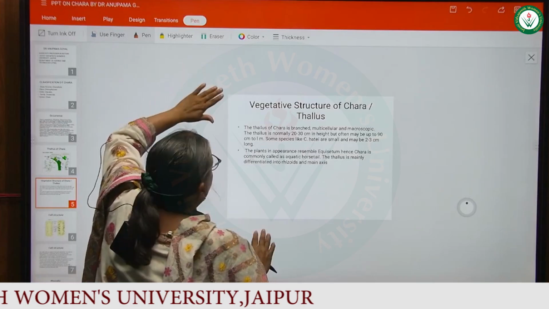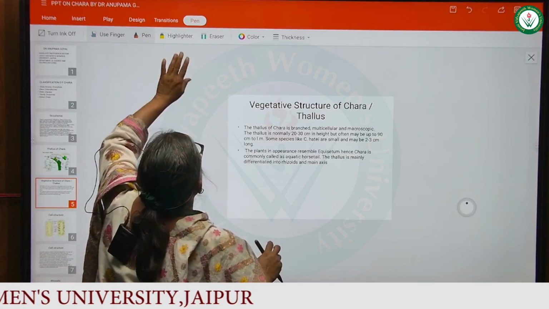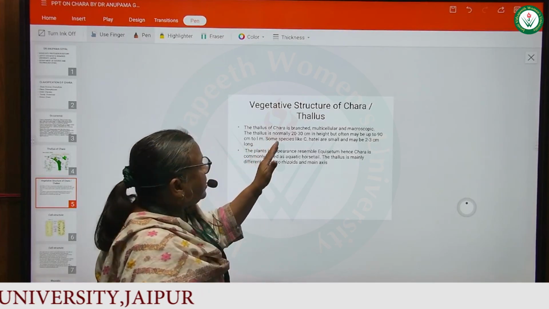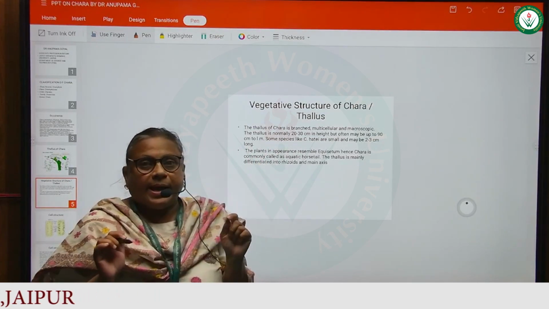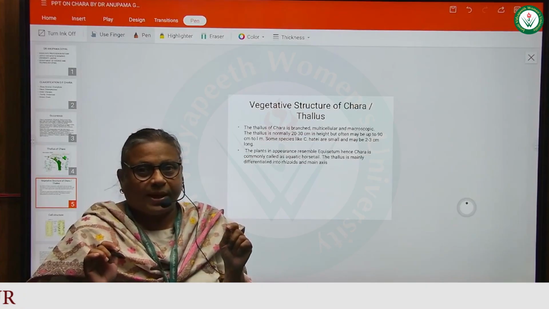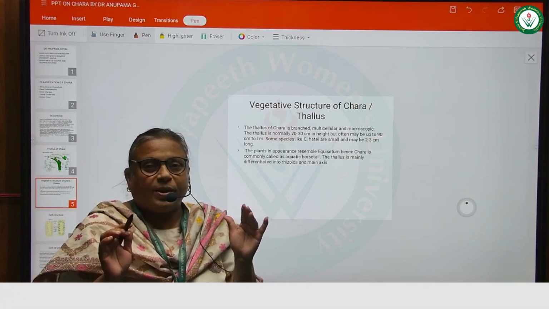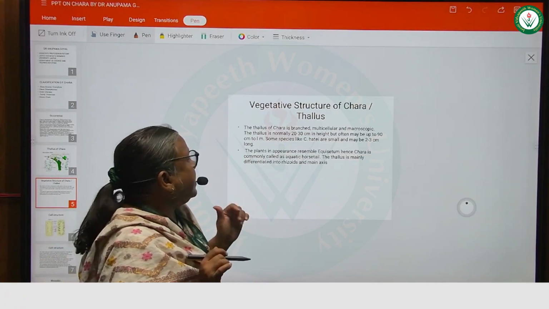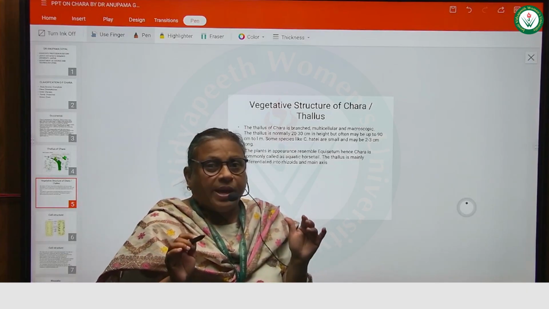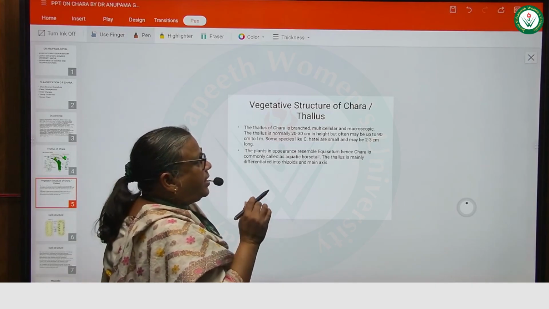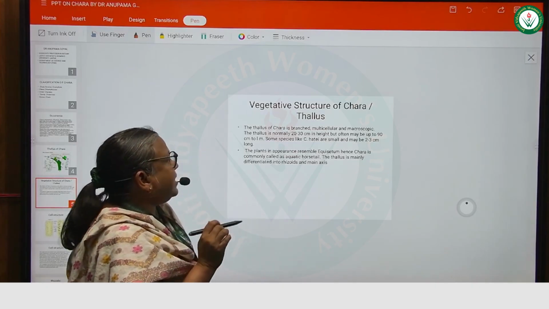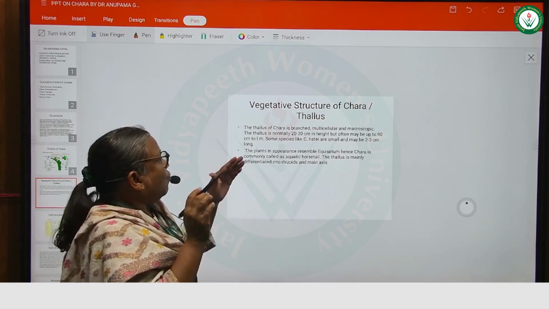Now I tell you about the vegetative structure of Chara. The thallus of Chara is branched, multicellular, and macroscopic, which means it is large in size. The thallus is normally 20 to 30 centimeters in height, and often it may be up to 90 centimeters to 1 meter.